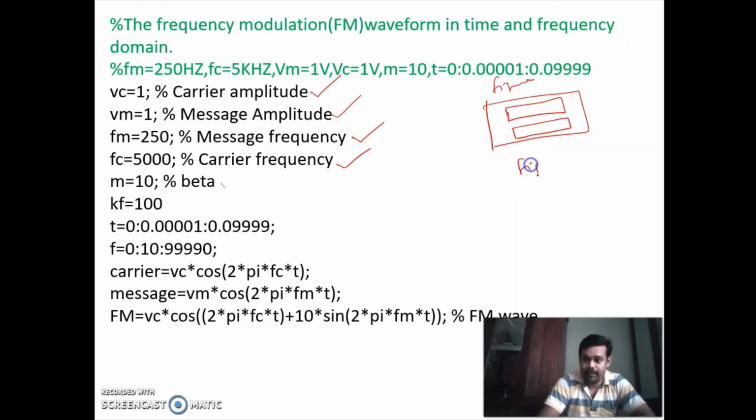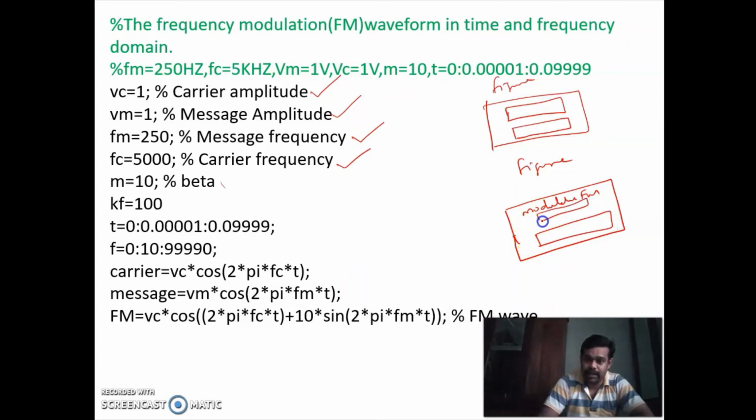In figure 2 we are plotting the modulated FM signal and its spectrum. First is the modulated FM signal, next is the spectrum. We are defining the x-axis for the first three plots, and the x-axis is the time axis.